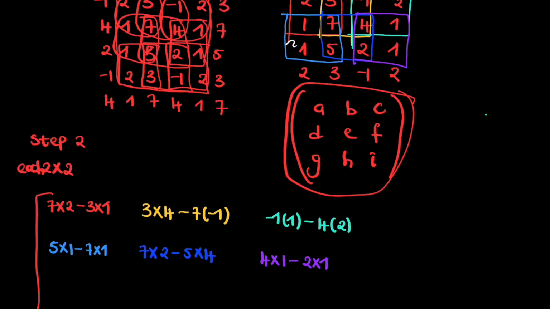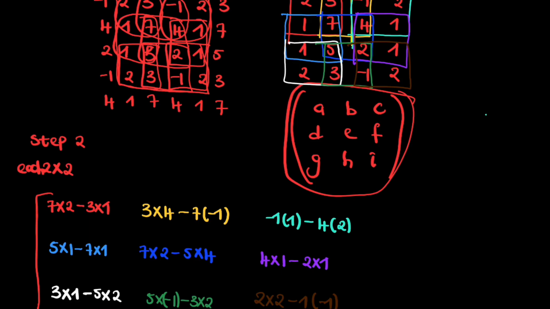Now G will be 3 times 1 minus 5 times 2. This gives G. Now H will be this: 5 times minus 1 minus 3 times 2. So let me just put that in bracket. So minus 3 times 2.